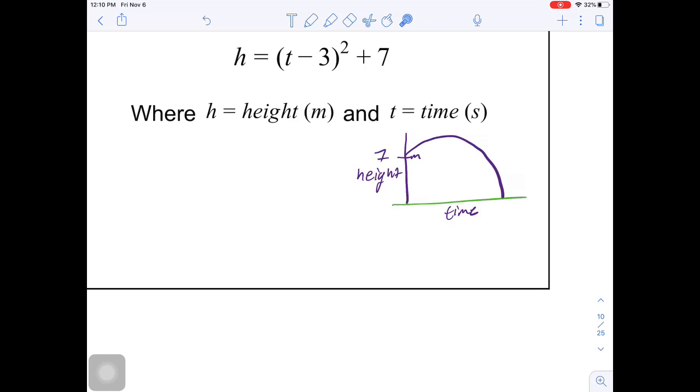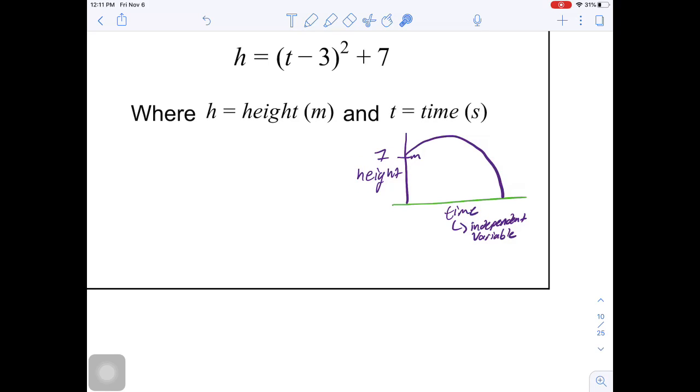Now we can see here that the height of your rock does depend on the time at which we're talking about. Can we choose the time? Like, we don't have any control over time. So this is the independent variable. Remember, the independent variable is either the thing you can control, absolutely, or you have no control over and it just happens.